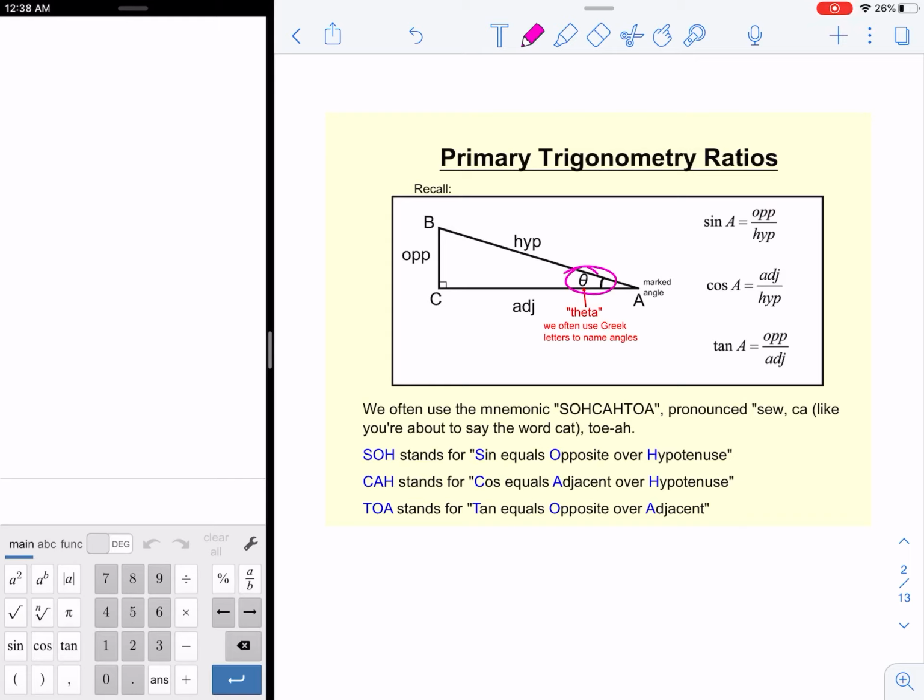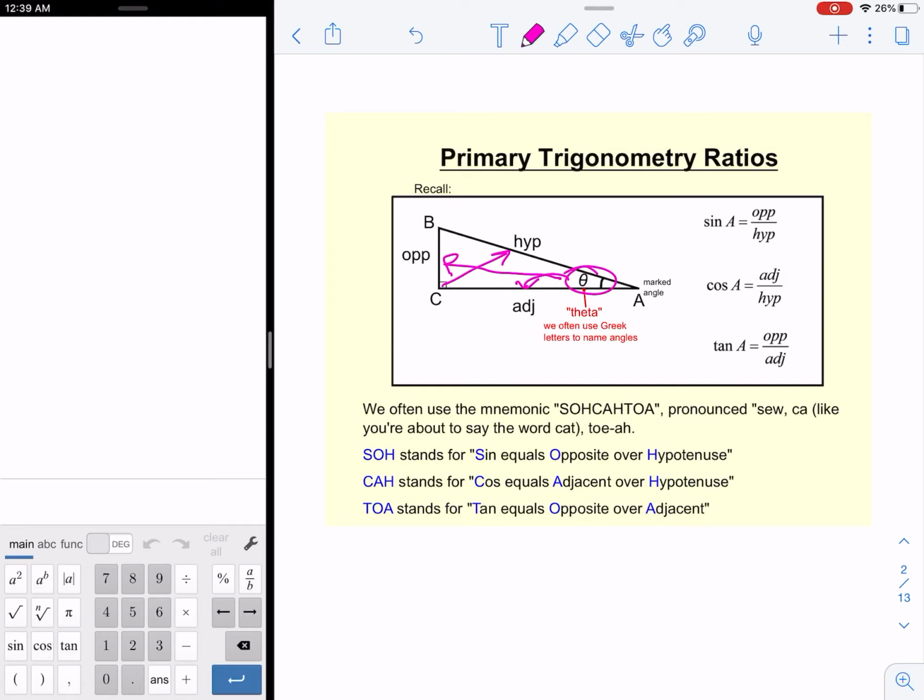And so on the opposite side of the triangle from the reference angle, that side is called the opposite. On the opposite side from the right angle, that's called the hypotenuse. And on the side that's right beside your reference angle, that side is called the adjacent.